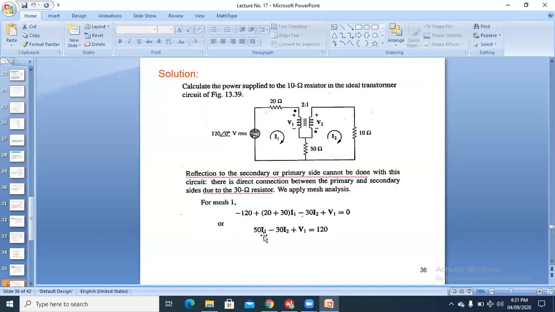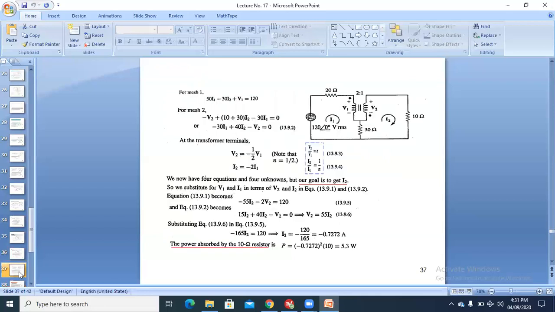So we have the variables I1, I2 and V1, right? Now we apply KVL on the secondary side and we'll get the equation in terms of I1, I2 and V2. So we have equation 1 and we have equation 2.